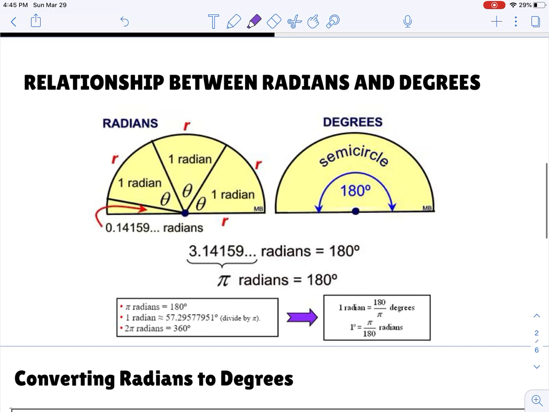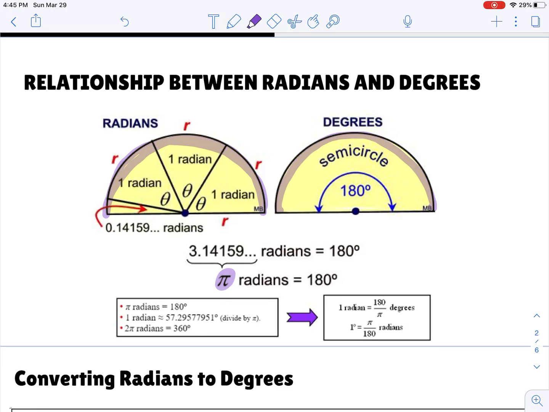So what's the relationship between a radian and a degree? We know 180 degrees is a semicircle, okay? Exactly 3.14159... radians go along a semicircle, but we know that 3.14159, etc. is the same as pi.